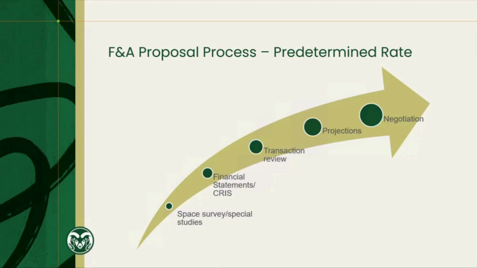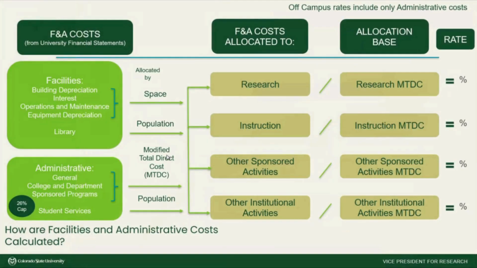Or you may calculate that the F&A rate's going to go up by 5 points, but they'll never give you a 5-point increase. Maybe it'll only be 2. So that is why the system is complex. We go through a lot of work to create the F&A proposal and get to the negotiation, and then it's subject to sometimes arbitrary negotiation tactics by the feds.